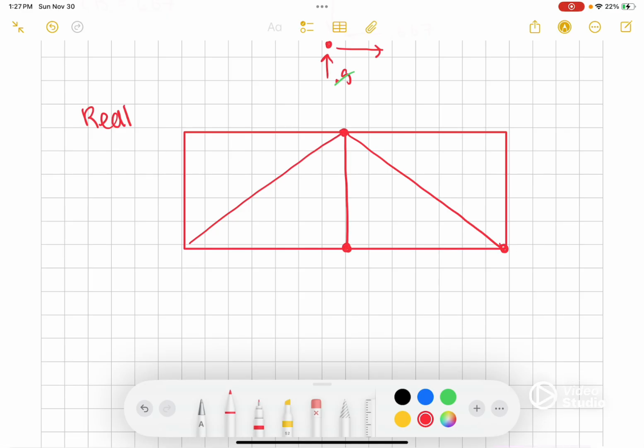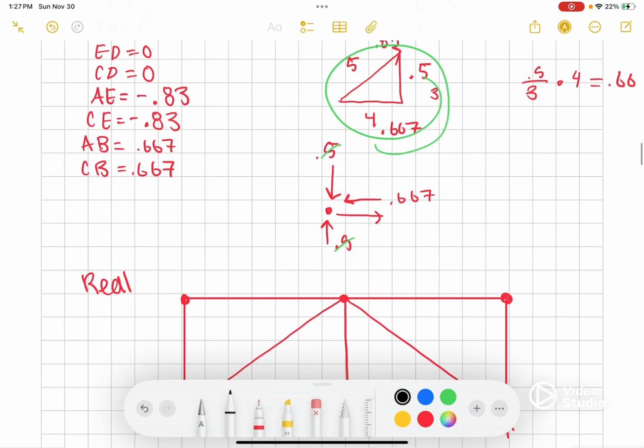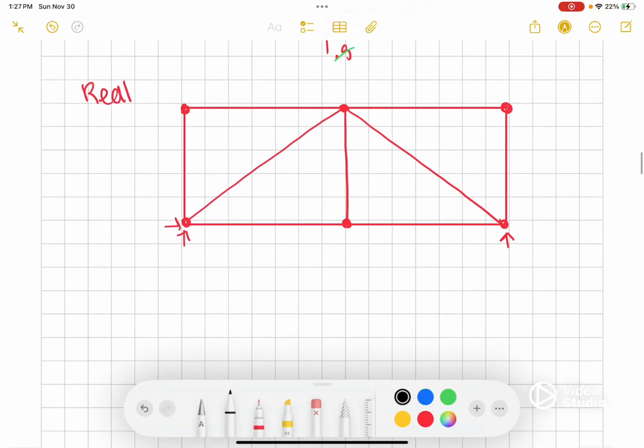So we've got 1 here, we've got 2 here, and let's label these just for good measure: A, B, C, D, E, F, I think.